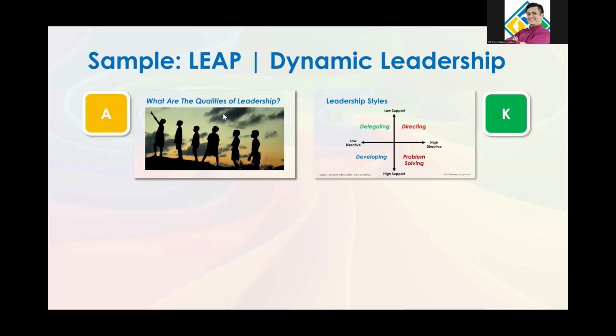Now, would you understand it as easily as if I did the awareness activity? No, I would probably memorize it in a million years, but no, I would never understand it. Okay, so 100% understand, this is why we do it.